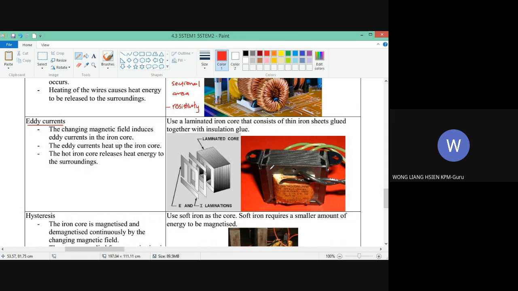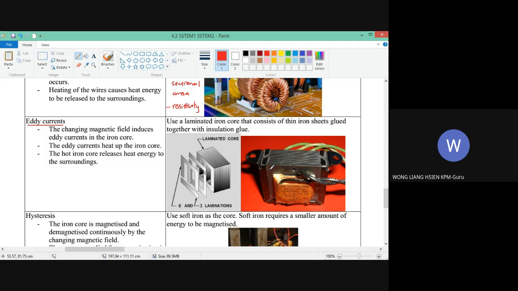So inside the core of the transformer there will also be induced EMF. And the induced EMF in the transformer core will produce induced current in the transformer core. That induced current we call eddy current.